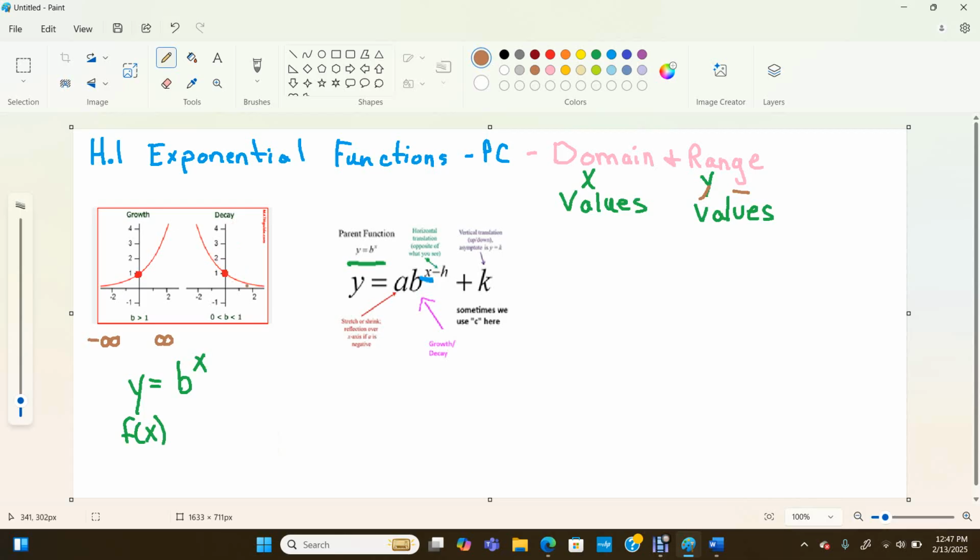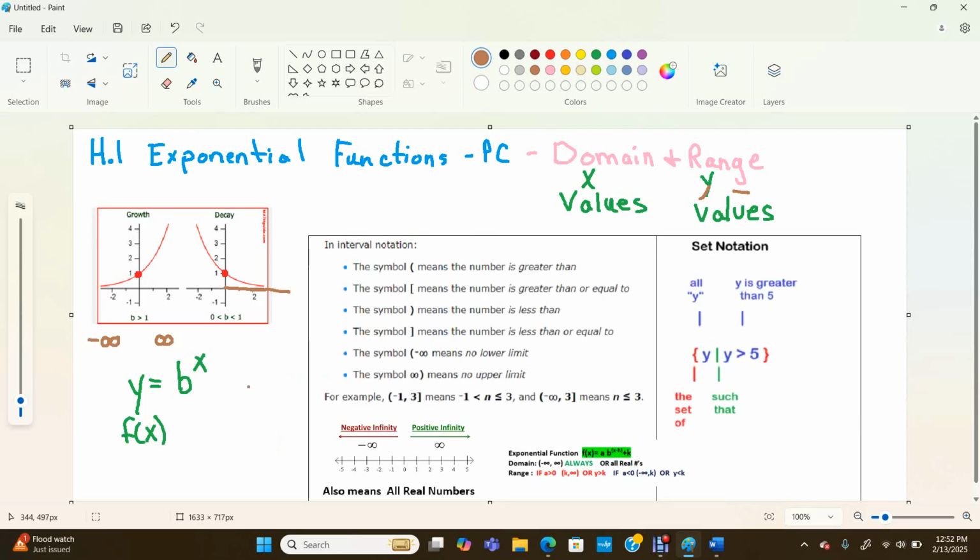These exponential functions have what we call an asymptote. They grow very, very close to this line here, but they will never cross it. So the range values are never going to touch that asymptote right there.